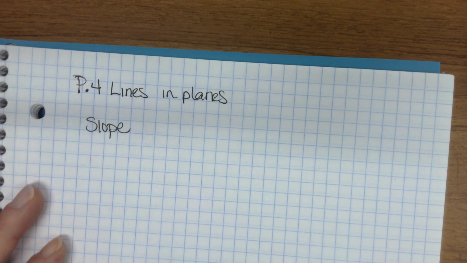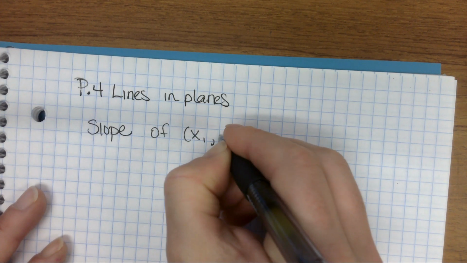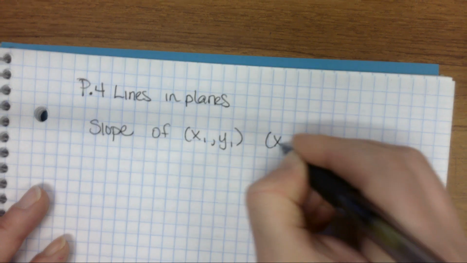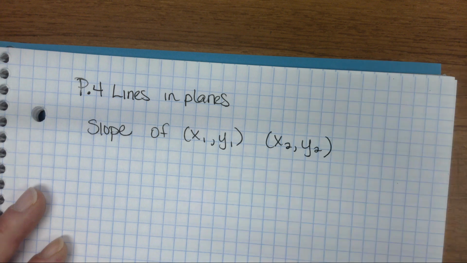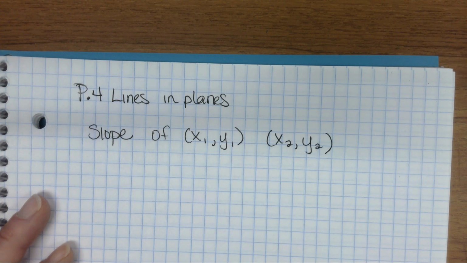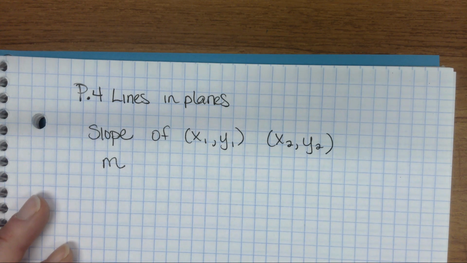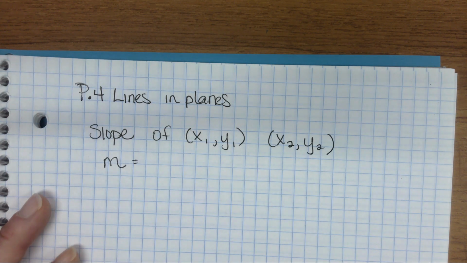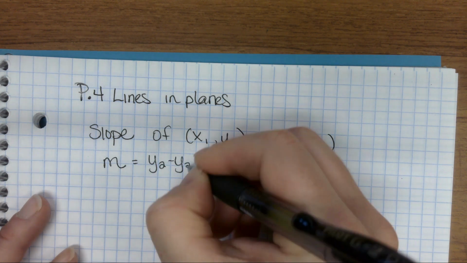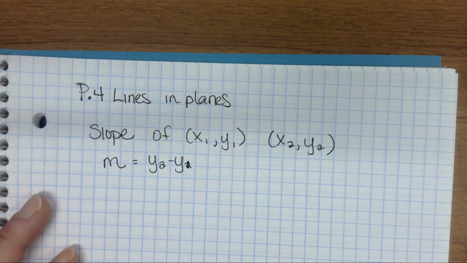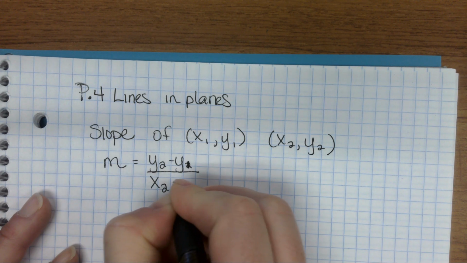When you're given 2 points, x1, y1, and x2, y2, the letter that we typically use in algebra to denote slope is the letter M. And we take the change in the y's. So y2 minus y1 over x2 minus x1.